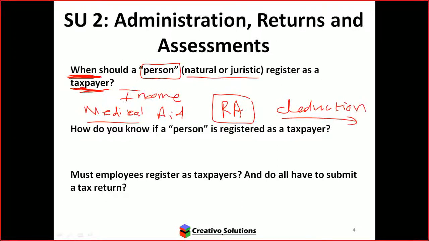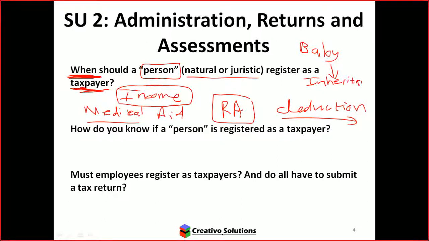So yes, when you start earning income, you need to register. Even, let's talk about a baby. Could a baby be required to register as a taxpayer? Yes, they could, if this baby had inherited a massive amount of inheritance.